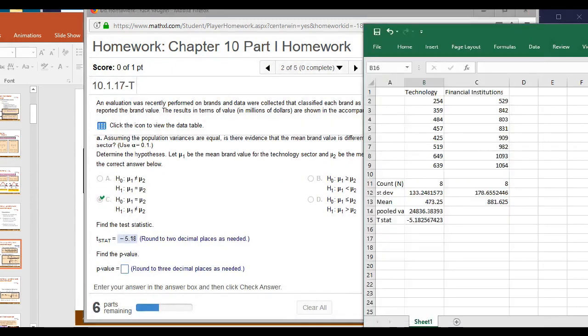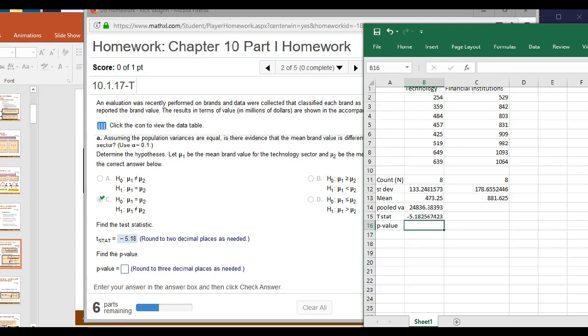All right, now we're ready to find the p-value. Just like last time, the p-value is the t-distribution. However, this time we want to compute the two-tailed t-distribution to find out how much is outside of this value of minus 5.18 or plus 5.18.